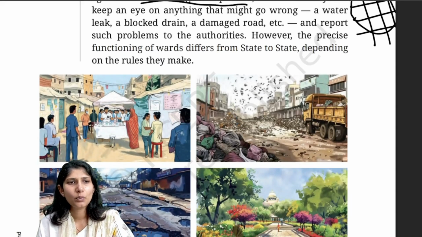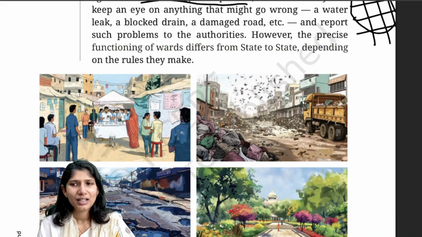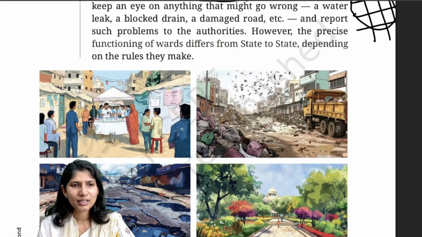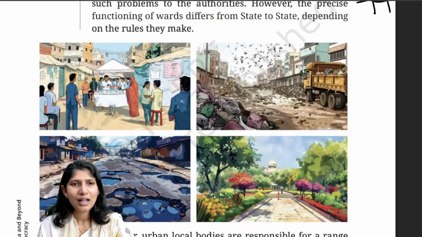Do you see the ward committee in the first picture? They are organizing health camps. In the second picture, see how much garbage and dust there is and how polluted it is. See the third image, where there is a large number of potholes and water logging. At the same time, look at the fourth image also. There are a good number of gardens you can walk by.